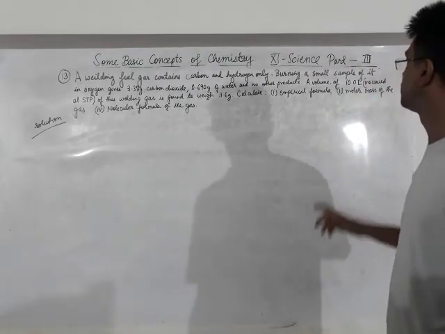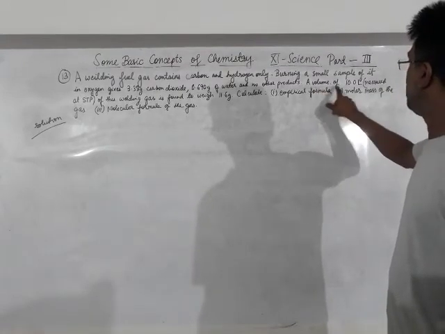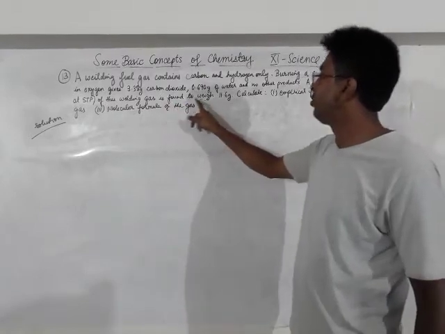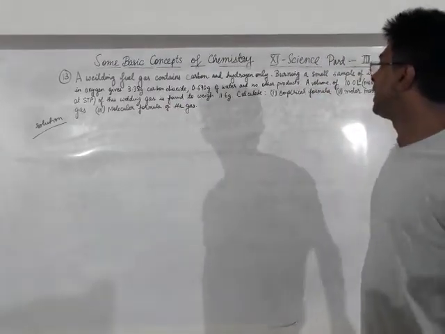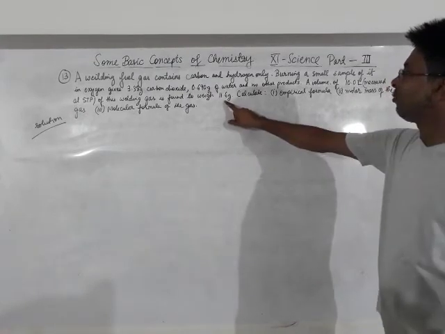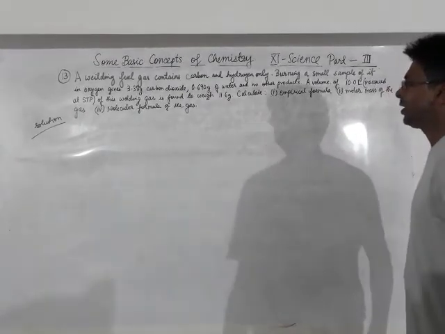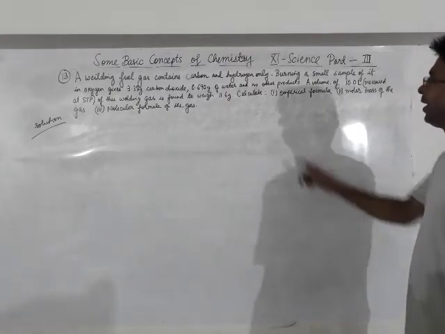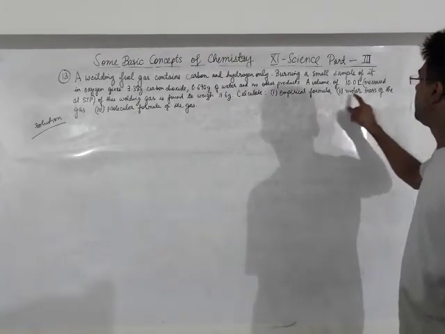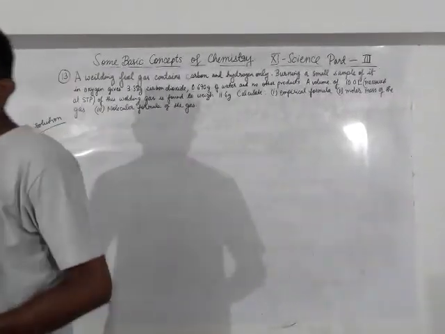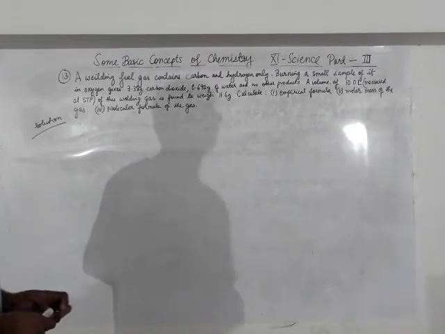There are no residues. Again, a volume of 10.0 liter measured at STP of this welding gas is found to weigh 11.6 gram. So based on these observations, calculate the empirical formula, the molar mass of the gas and the molecular formula of the gas. This is a problem based on empirical and molecular formula.